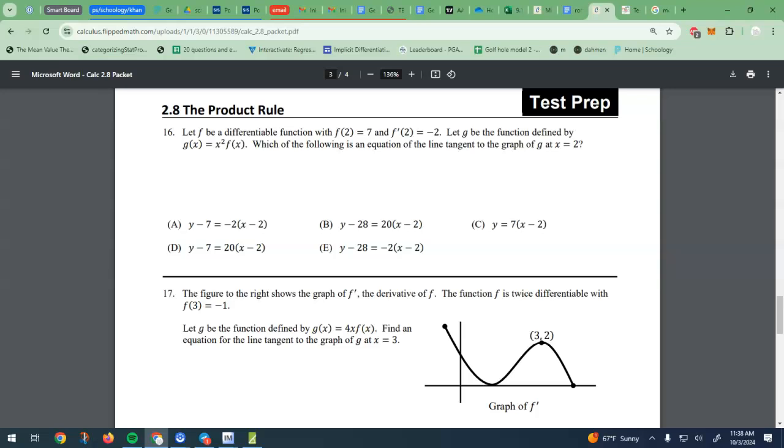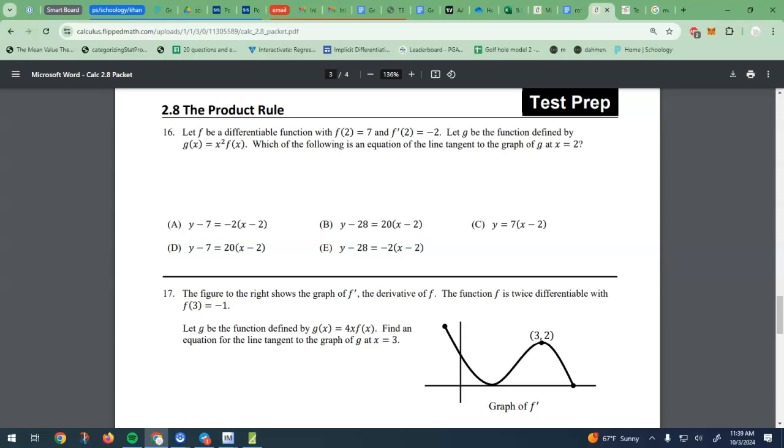That's x squared. I just circled it over it. So 2d1 is f of x times, what's the derivative of the first thing? 2x. Plus 1d2. First thing is x squared. What's the derivative of the second thing? F prime of x.